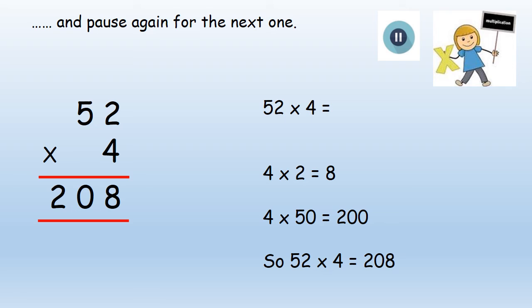And pause again for the next one, please. 52 times 4. First of all, the ones. 4 times 2 equals 8. Then the tens. 4 times 50 equals 200. So 52 times 4 equals 208.